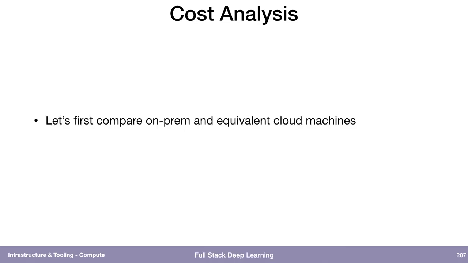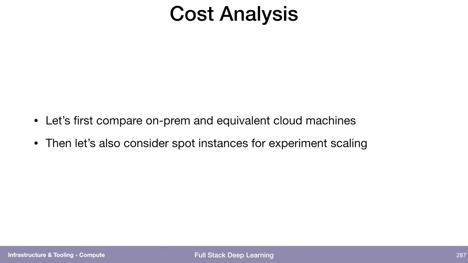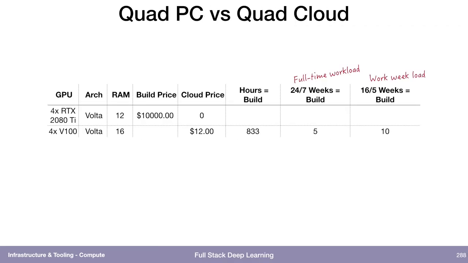The cost analysis that I like to do is comparing on-prem with an equivalent cloud machine. And we can also think about spot instances specifically. Let's say I just want a quad GPU PC for my basic development. Should I buy a PC or should I go into the cloud? I don't want to use K80s. I want to use the modern mixed precision stuff, with high clock speeds. So I'm either going to buy 2080 Tis or pay for a V100. Those are my choices. Let's say it costs me $10,000 to build or $12 per hour, which is the real price to rent it.